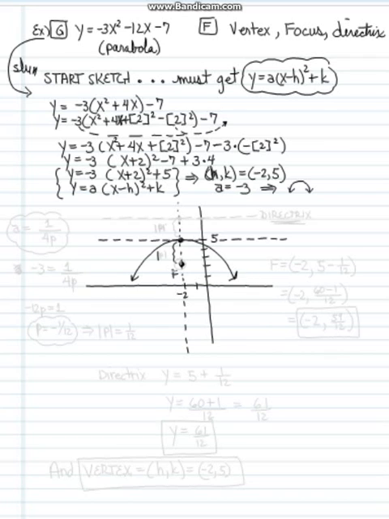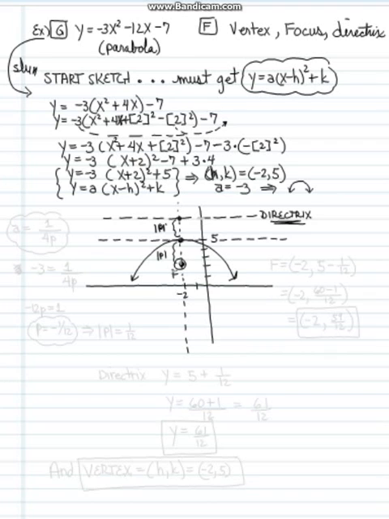This is the absolute value of P. And that same distance in the other direction gives us our directrix. The distance above the vertex is the same distance as from the vertex to the focus, the absolute value of P. So this value P is important for us to locate these points. This is the point that we're looking for, the focus, and we're looking for the equation of this line, the directrix.